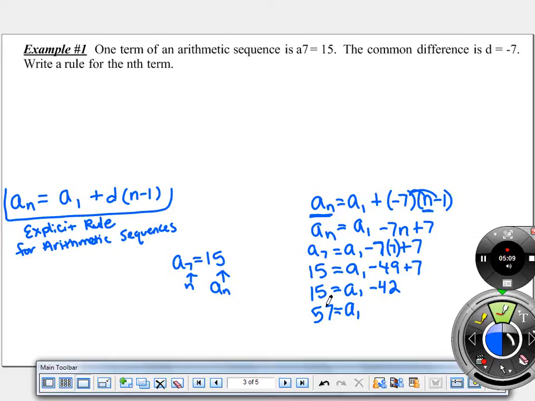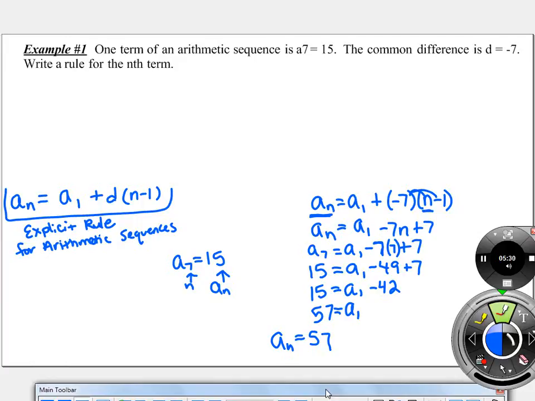Now, it's easy to get off track because you're doing all this work to figure out more information. Go back and make sure you're answering the question. So we want to write a rule for the nth term. So my rule is going to say the nth term can be found by doing this. Okay? So the explicit rule is going to say 57, okay, minus 7n plus 7.